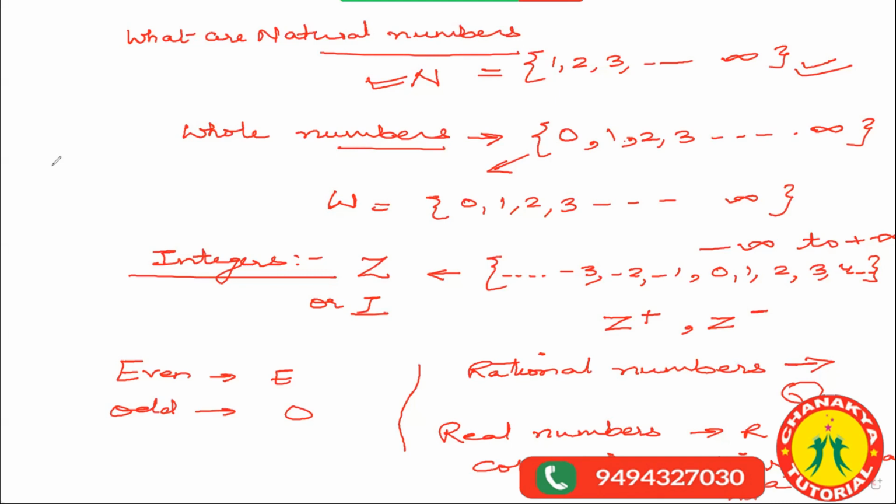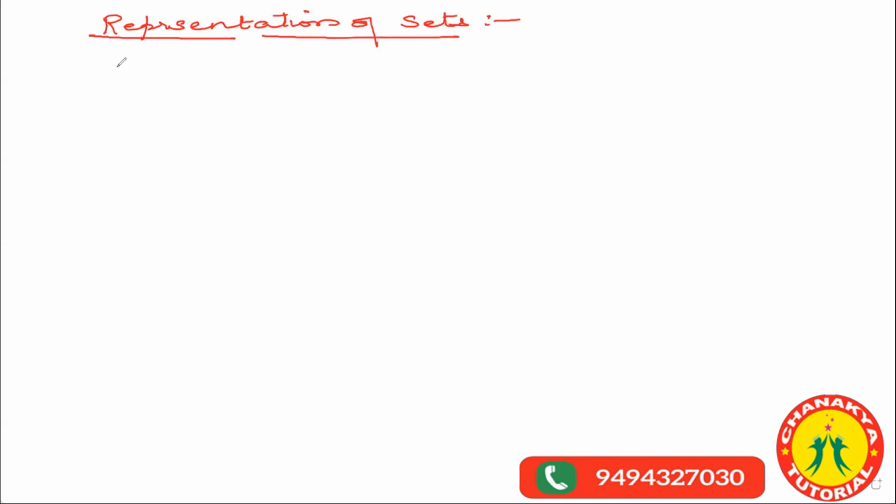Now next is representation of sets. First is roster form, or you can say another name, tabular form.